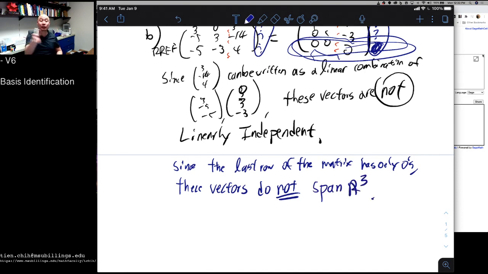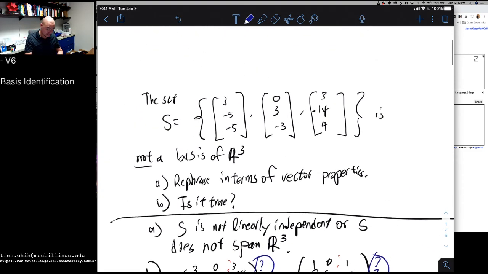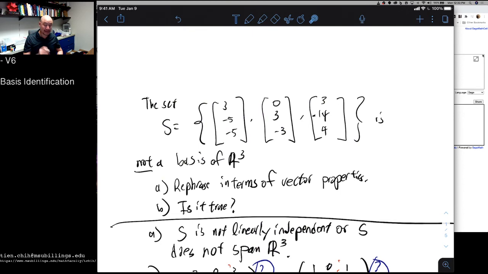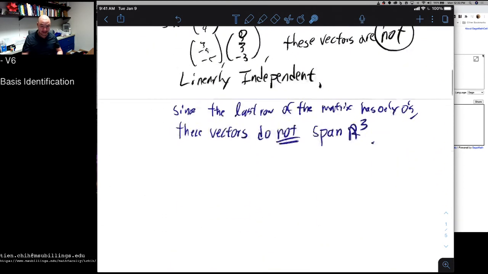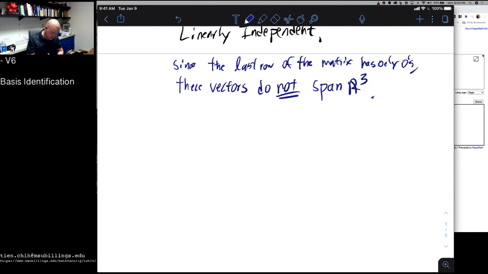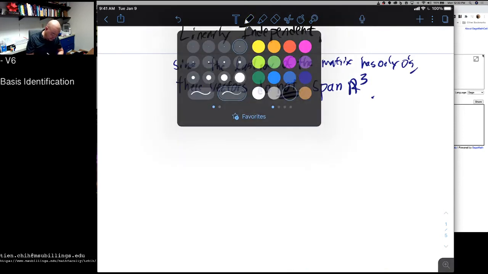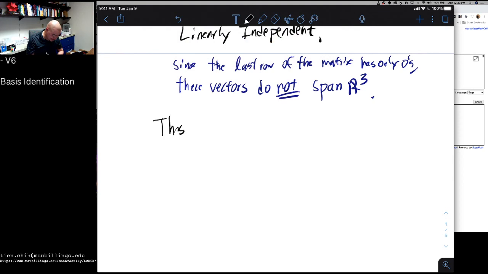So we've now shown in two different ways that these three vectors do not span R3 and are not linearly independent. So we can finally conclude, thus, the original claim is true. S is not a basis.